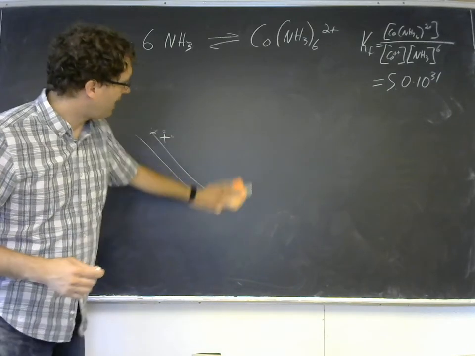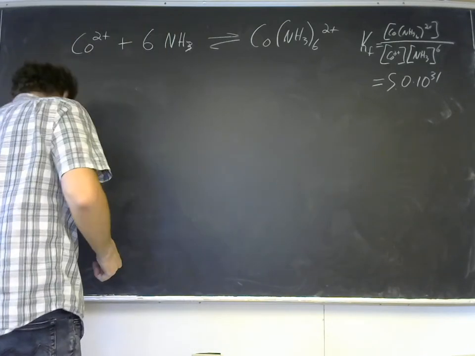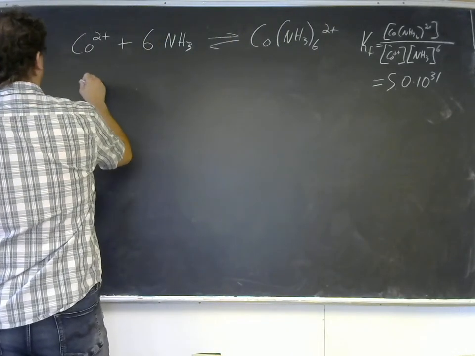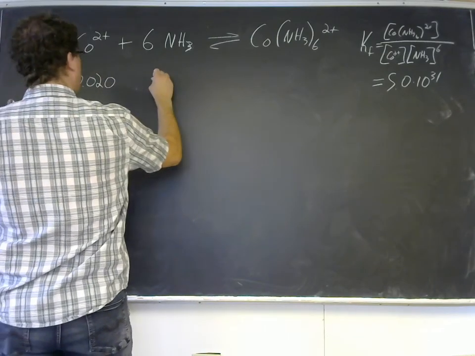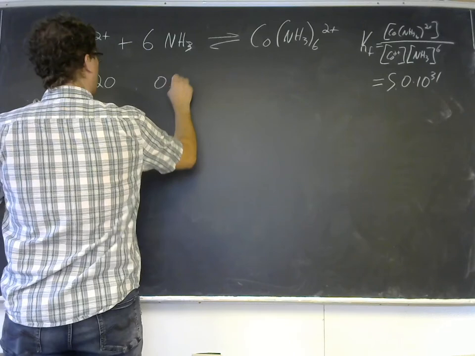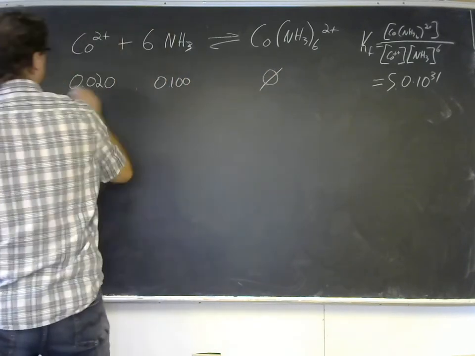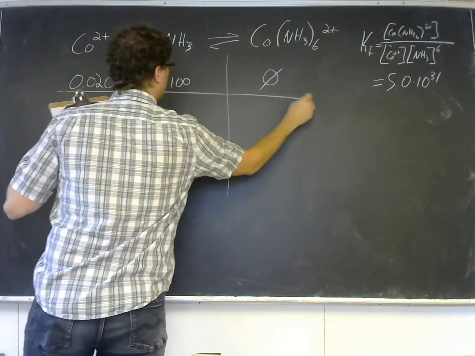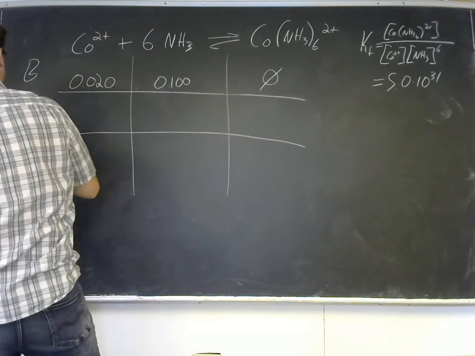And if that analogy was helpful for you, great. And if not, then perhaps it'll make more sense with our actual numbers here. So remember, we had 0.020 and 0.100 and 0. Now this time, instead of an ICE table, I'm going to do a BCA table.